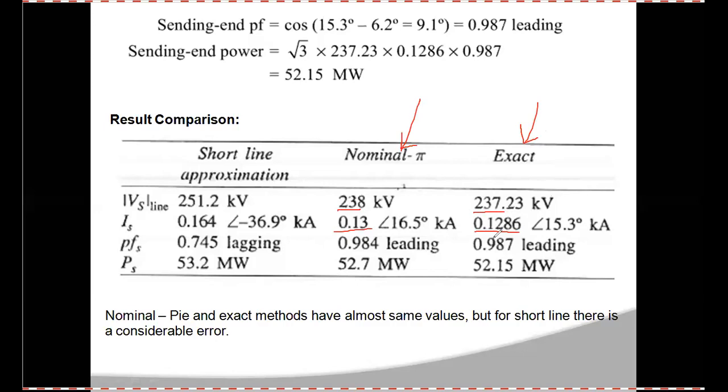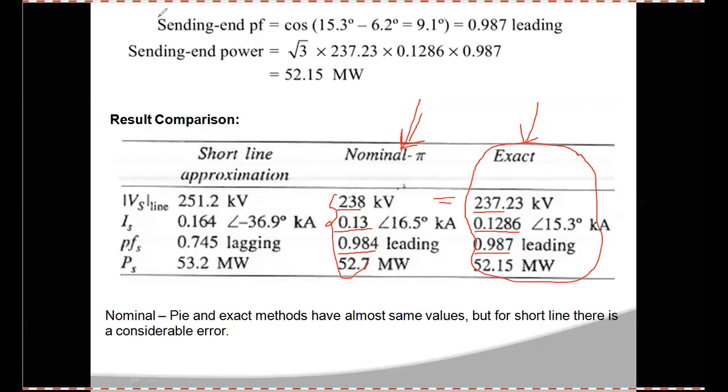And total sending end power is 52.7 here and 52.15 there. Actually this is the exact solution, so the nominal pi method also gives results almost near to the exact solution.